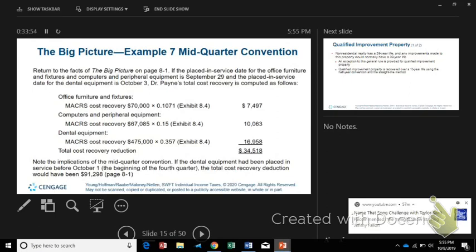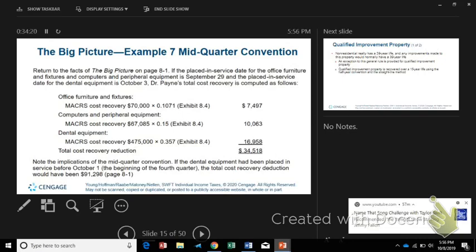They didn't purchase this equipment until September 29th and October. They didn't use it for all those months. So the law was created by the fact that if they didn't have $475,000 of this equipment until the fourth quarter, why should they get this ginormous tax deduction for the entire year?